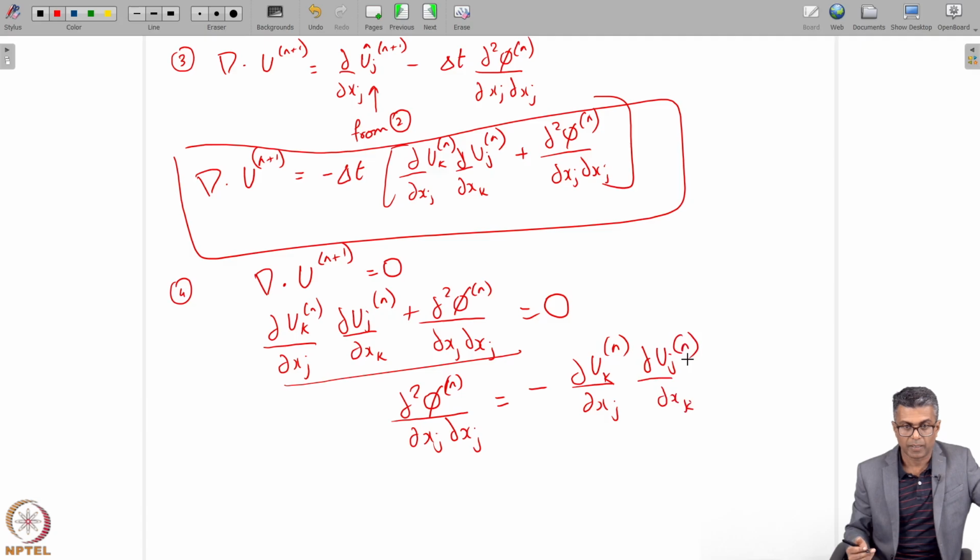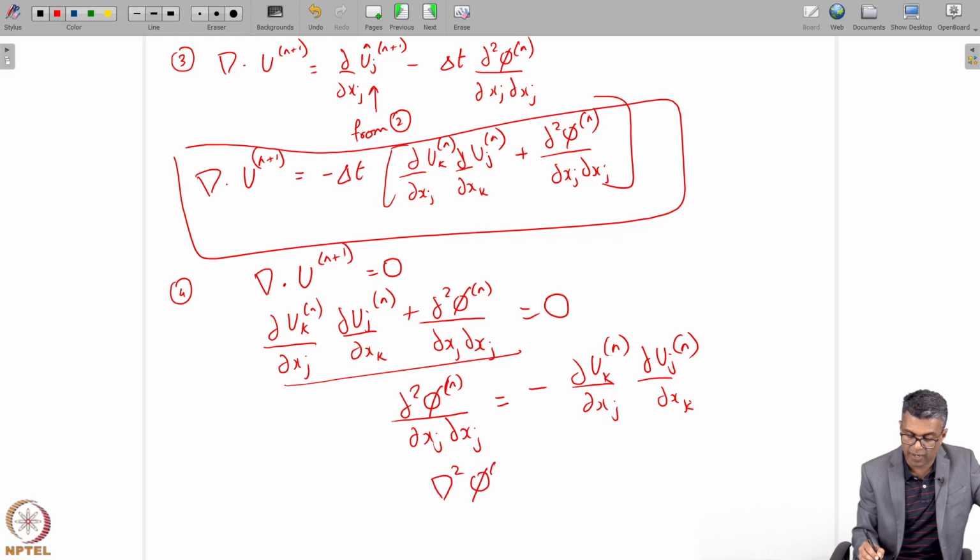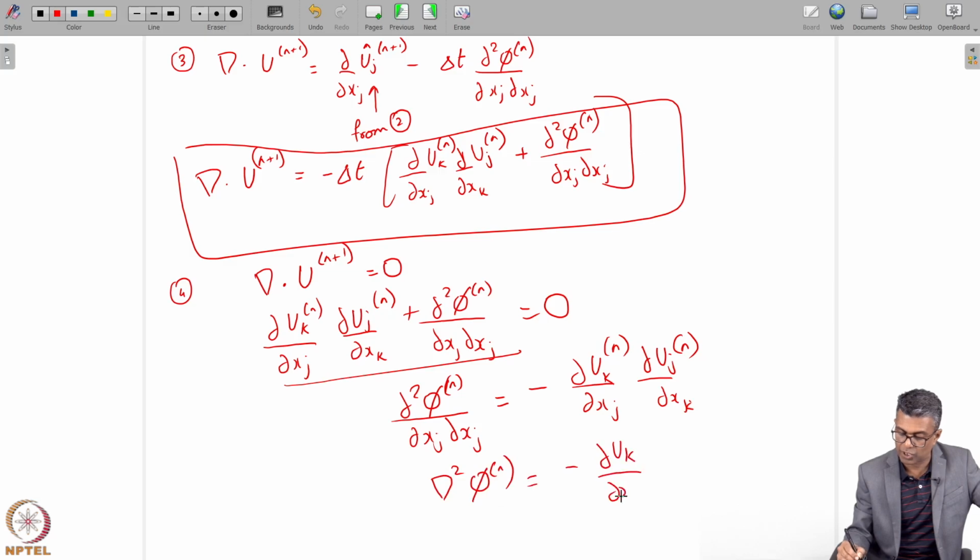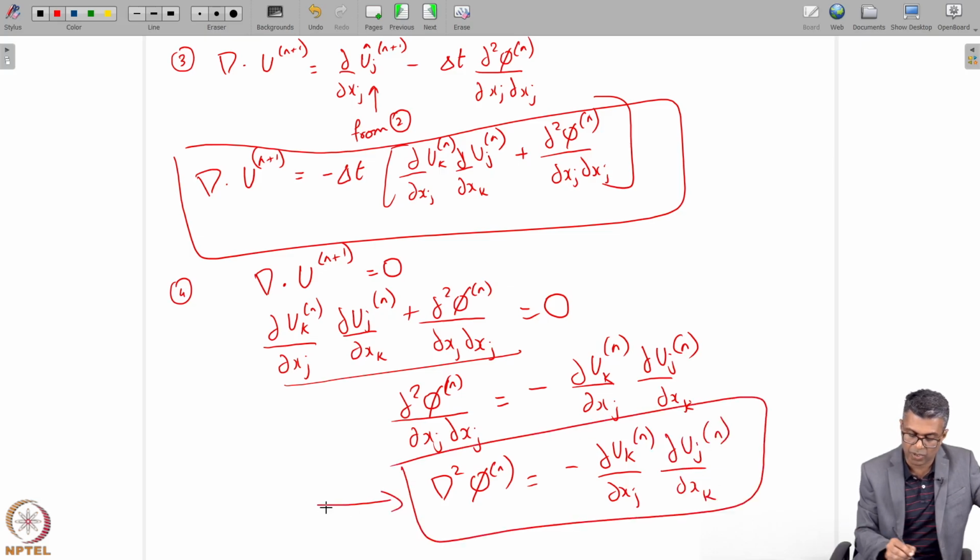Okay, this is the Poisson's equation, isn't it? If I just write it as a Laplacian operator, the left hand side is del squared phi n, which is minus del uk del xj and del uj del xk. As you can see, this is the Poisson's equation.